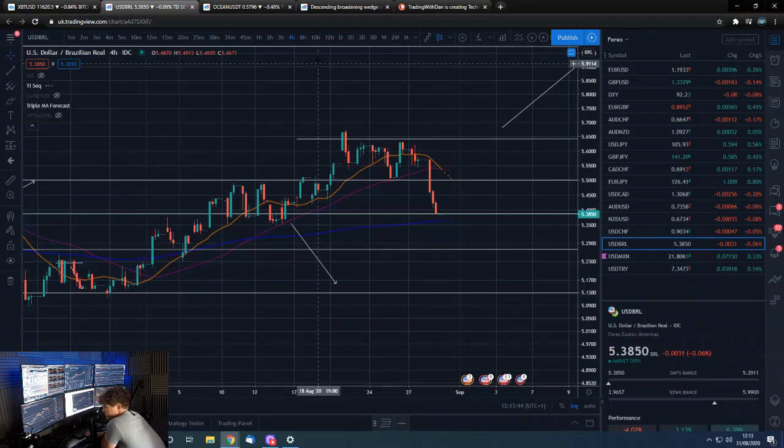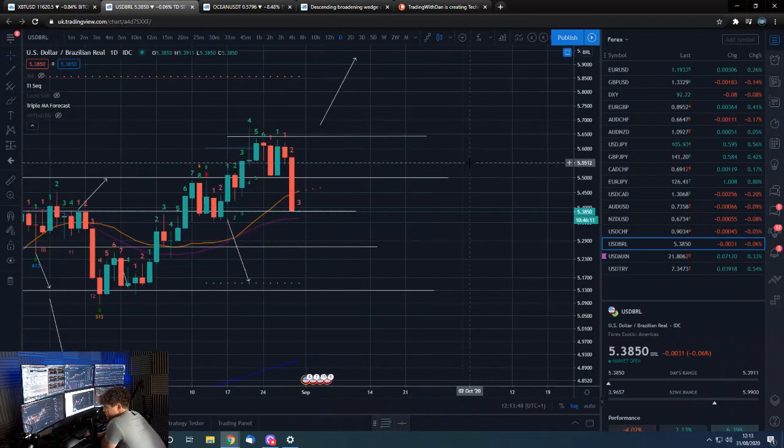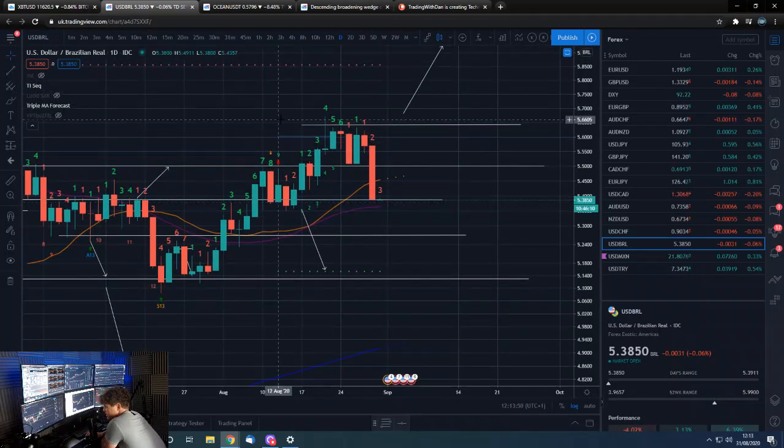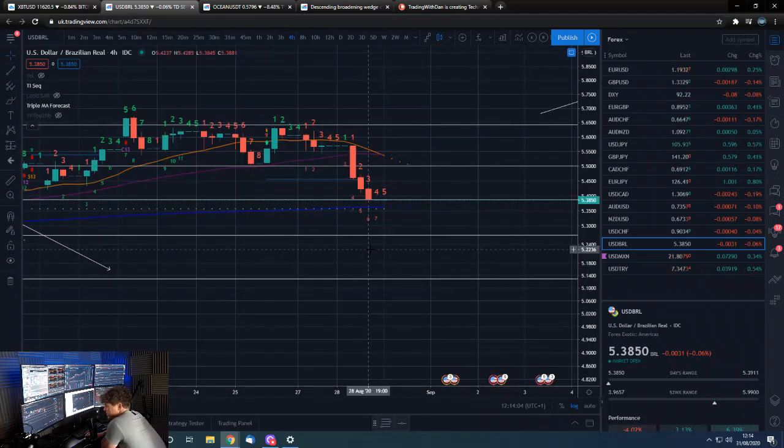US dollar Brazilian real, I'm sure we got a nice 9 up here as well. To signal. Well, did on one time frame anyway, but yeah, lost this level, tested the next level, we're holding there. Let's have a look at the 12 hour. Yeah, there was a 12-hour 9. Basically, well, we didn't really trade higher than that candle, apart from a tiny bit there. But yeah, then downwards off that 12-hour 9.